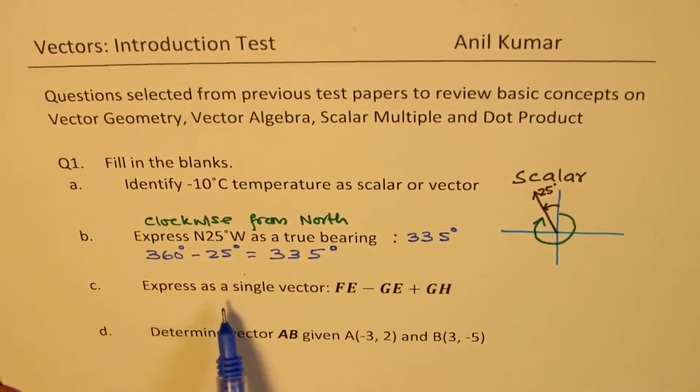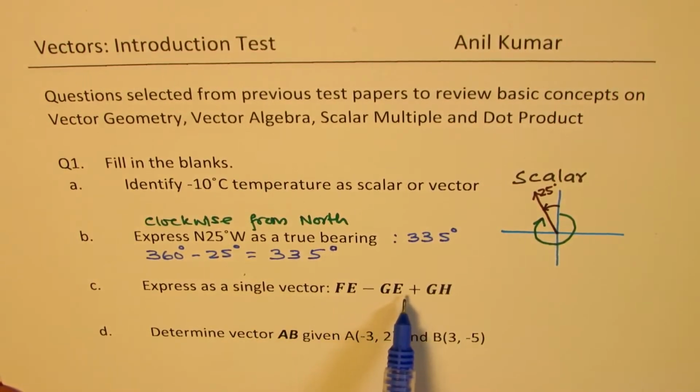C. Express as single vector. So vector FE minus vector GE plus GH. Now whenever we type, bold letters will indicate vectors.